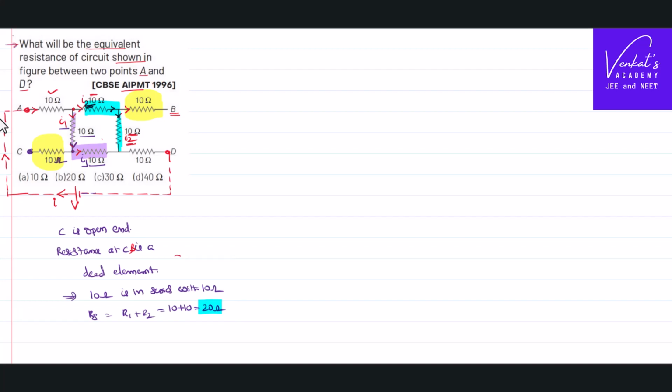So, if you have to draw an equivalent circuit of this, you can draw 10 ohms at the point A. Instead of these two 10s who are in series, I can draw a 20.